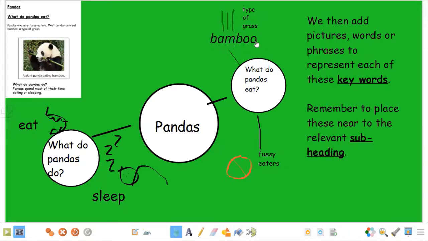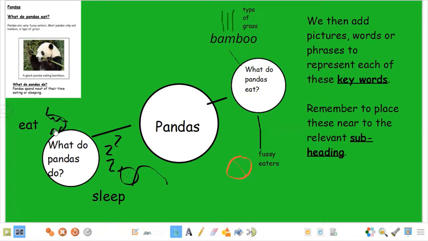And remember I said I wanted to have that definition there, that type of grass. I also put down here fussy eaters, and I've put a symbol that represents no, because I'm sure if you're fussy, you'll know that there's some food that you won't eat. So I put that there to remind me. Okay, now what do pandas do? Here I've included those verbs of eat and sleep, and I've drawn some representations.